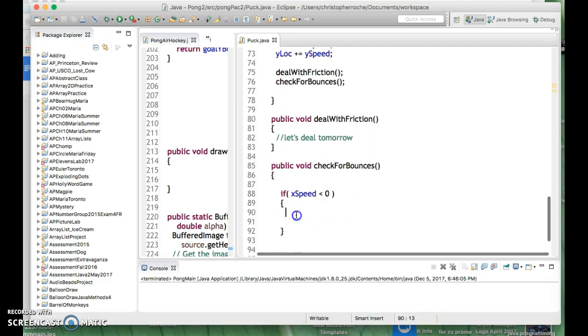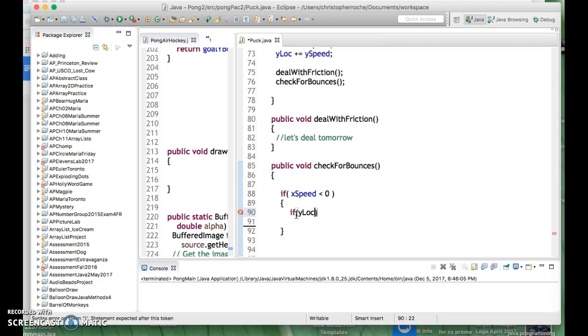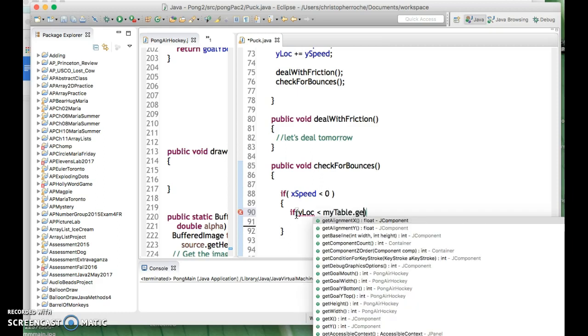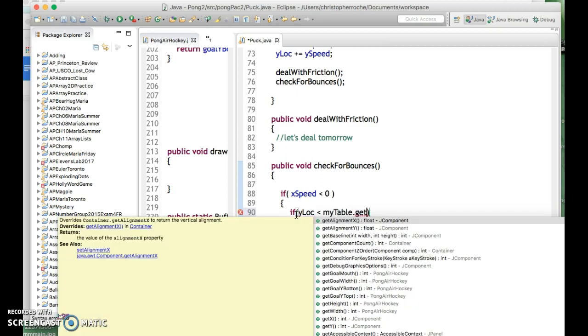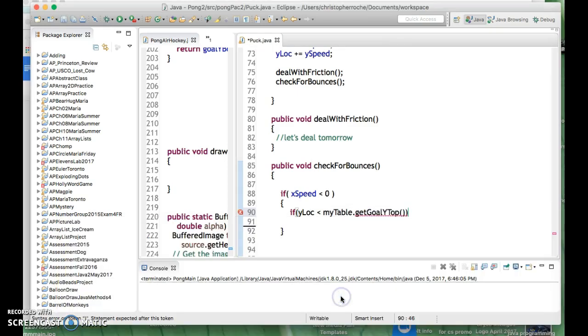And that's going to happen in here. So I'm saying if y loc equals my table get my slide top minus puck d divided by 2.